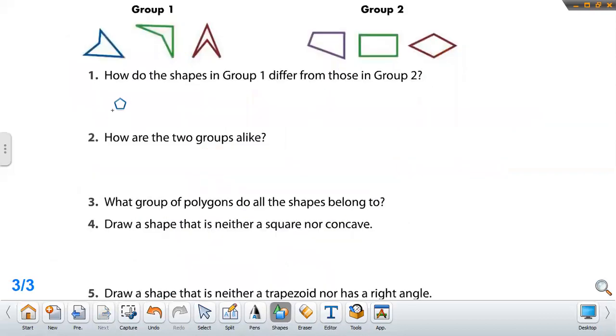Next, I have group 1 and group 2. Group 1 are concave shapes. Group 2, convex shapes. So it's the type of shape.